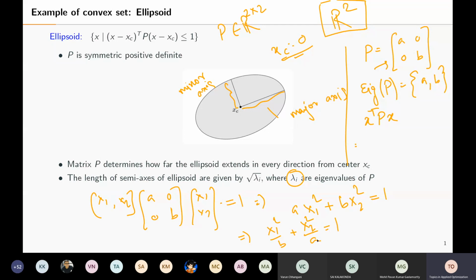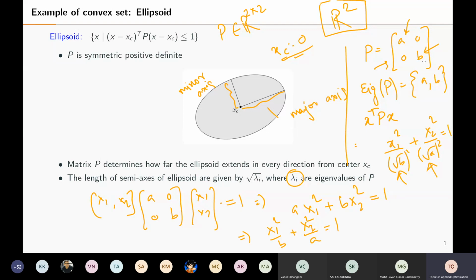And we know that one of these is the major axis and the other the minor axis, right? So square root of B is the major axis, right? So if we write this in the standard form, then this is x1 square by square root of B squared plus x2 square by square root of A squared is 1. Now we can read out the axis length. Now let us say, without loss of generality, A was the larger eigenvalue and B was the smaller.